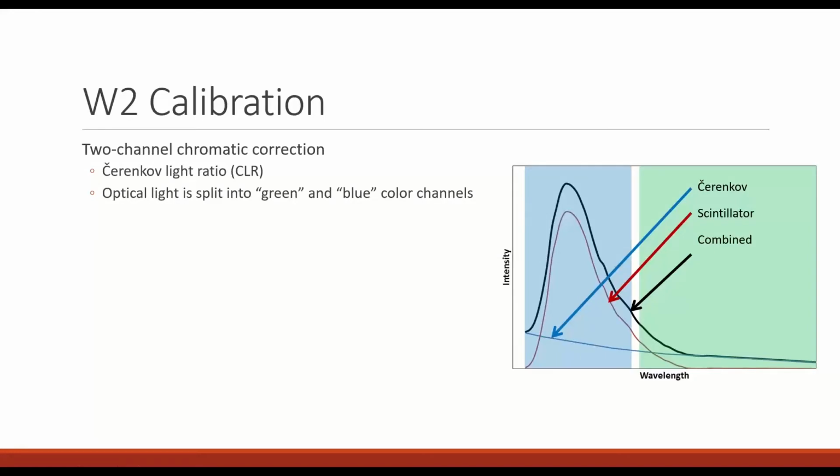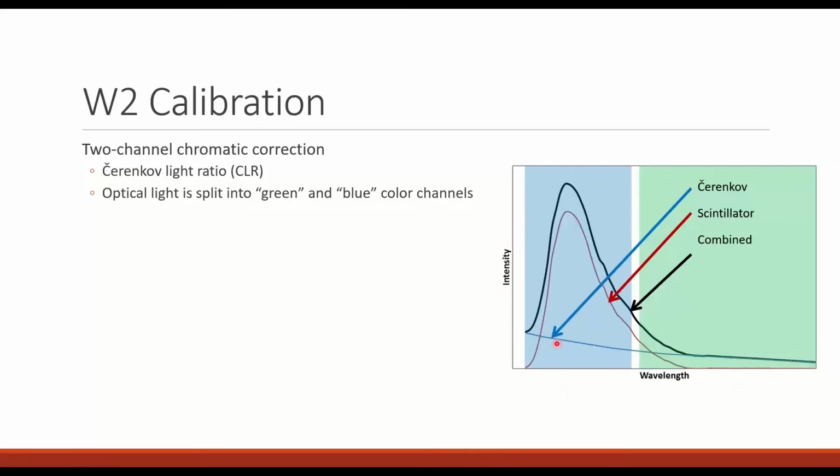Moving on to the W2 calibration. The W2 does a two-channel chromatic correction. So the total signal seen by the W2 is a combination of the actual scintillating signal combined with a small Cherenkov light contribution.